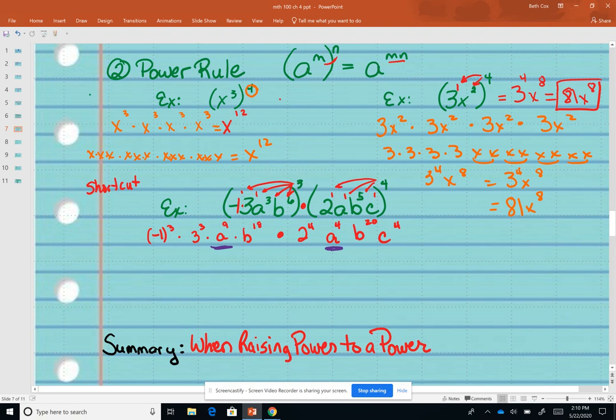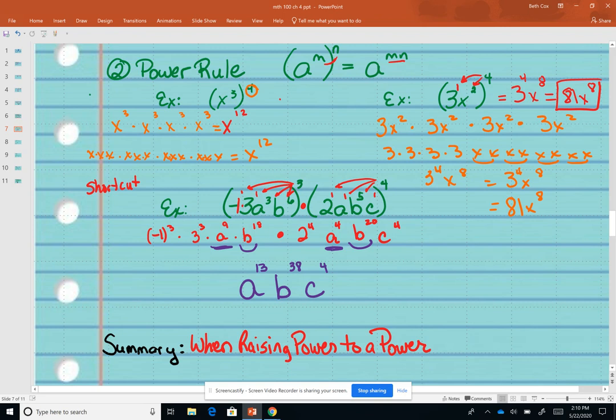Now we're multiplying now. Remember, we've done that first part. Now we're multiplying. So now we can add those two. So those two would give me a 9 plus 4 is 13. And then the b's would give me a 38th power. And the c's only have one c, so c to the 4th.